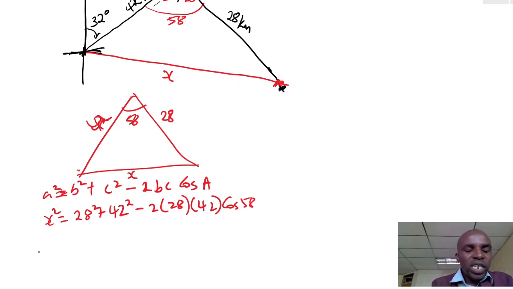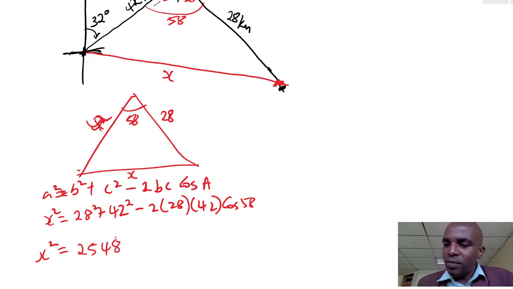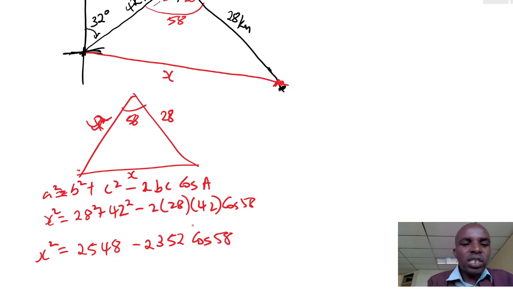Then I can work out this one. x squared is equal to 28 squared plus 42 squared, which is 2548, minus 2 times 28 times 42, which is 2352, cos 58.